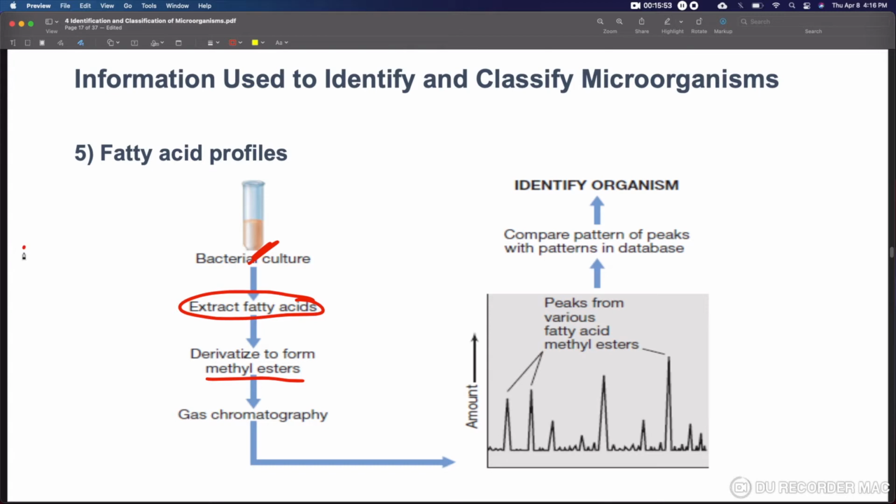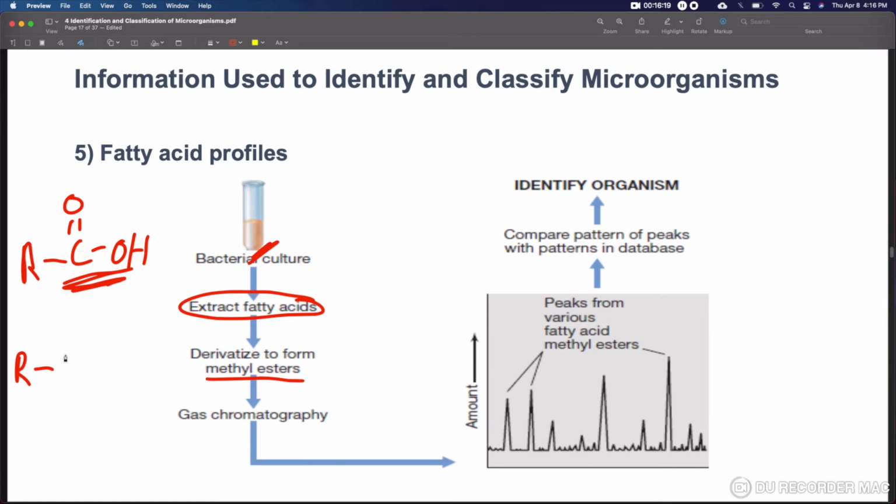Again, fatty acids, if you remember, are carboxylic acids, right? With RCOOH, a carboxylic group. Fatty acids have a carboxylic group at the end. So what we're going to do here is replace it with a methyl ester.